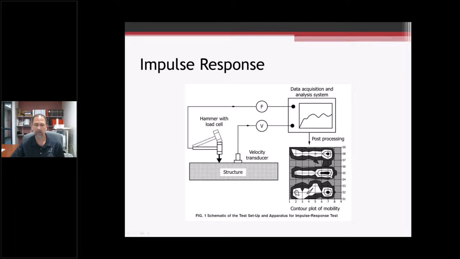You would typically plot the different mobility values on a contour plot, and this could be an image that maybe represents a slab, and maybe you've got some reinforcing here that's delaminating away from the concrete or something like that.